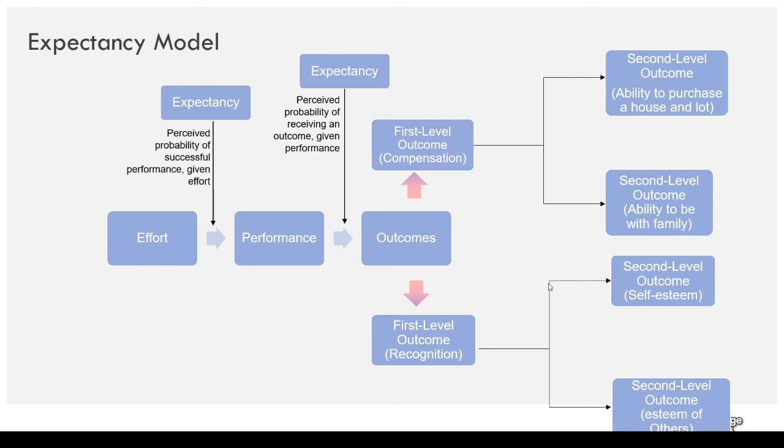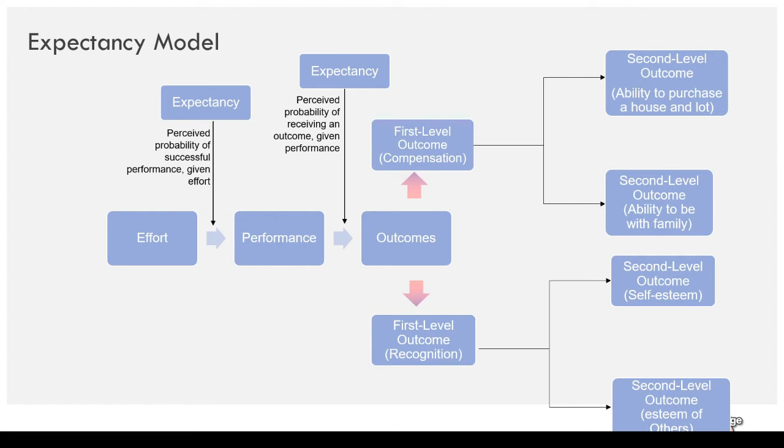However, if the valence is negative, then it's going downwards, and the second level outcome of this is esteem of others. Since you don't have recognition, it may be that you are not the one who is recognized, but your fellow coworkers. And that recognition may hinder your self-esteem. You may reflect that you are worse than them.